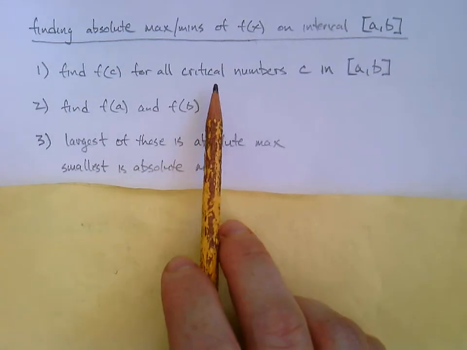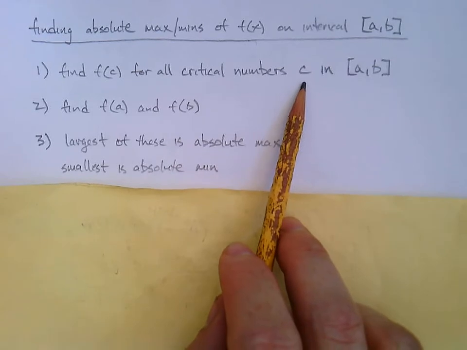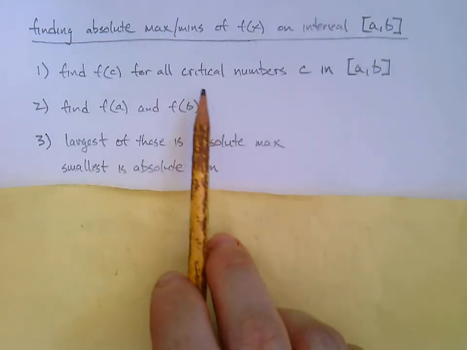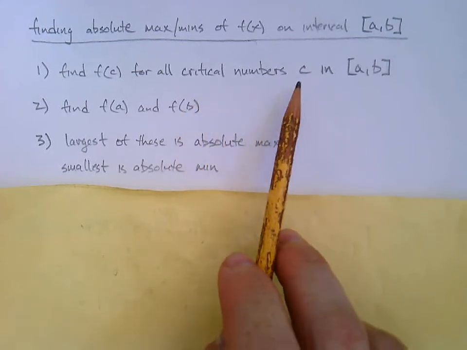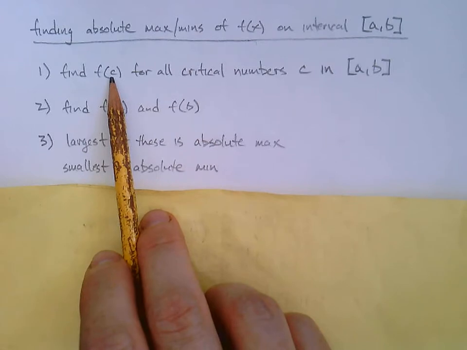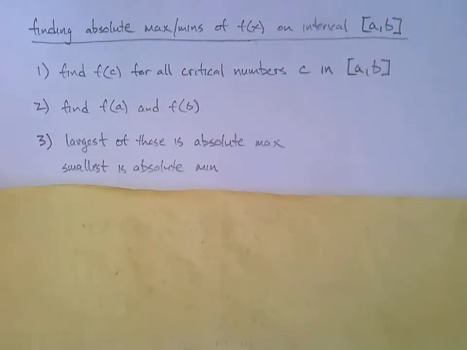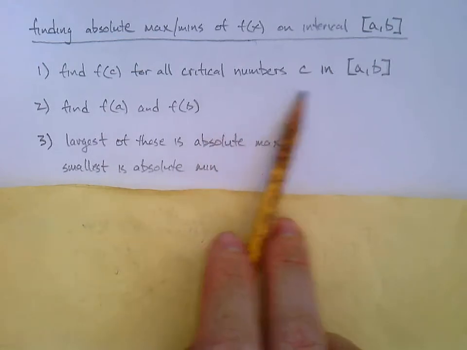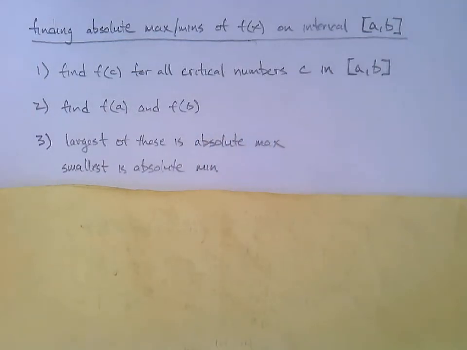We first have to find all of the critical numbers, and then once you have the critical numbers in your interval, go back and plug them in and get their y values. So this is really saying find the y values of the critical numbers in a to b.